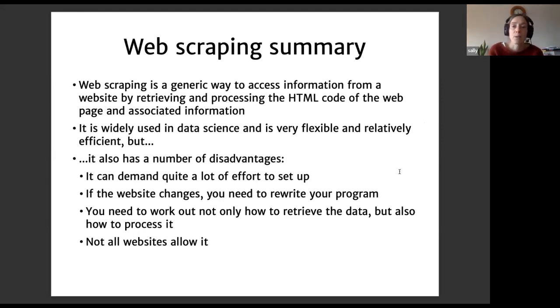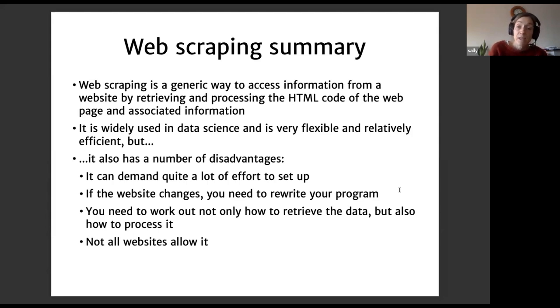So we saw, to find which piece of information I wanted to keep from Google, I had to go through and find which little bit of the code corresponded to the table that I wanted to keep. I then have to work out how to process that. If Google change their web pages, I need to rewrite that program, because they might change the name of that little bit of code that's storing the information that I want.